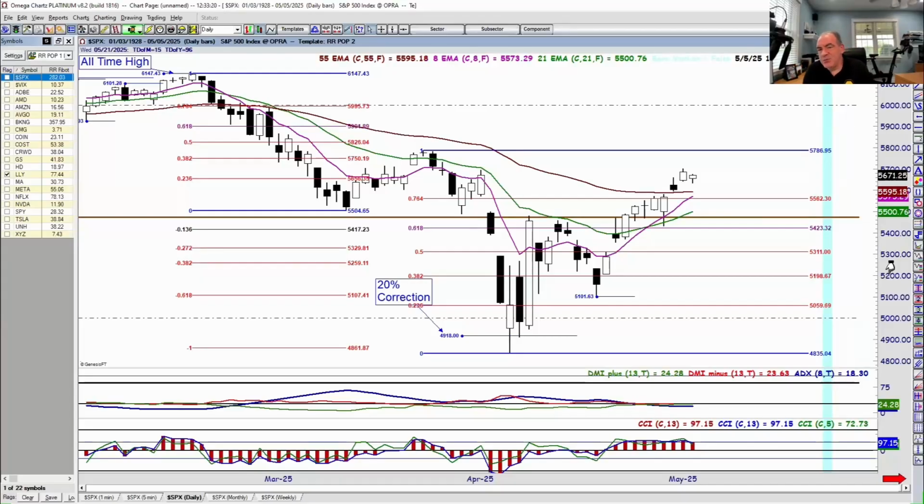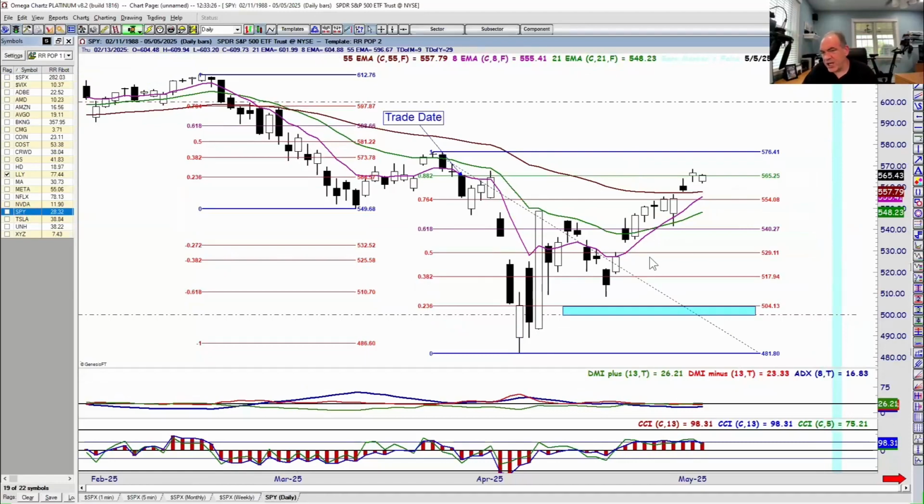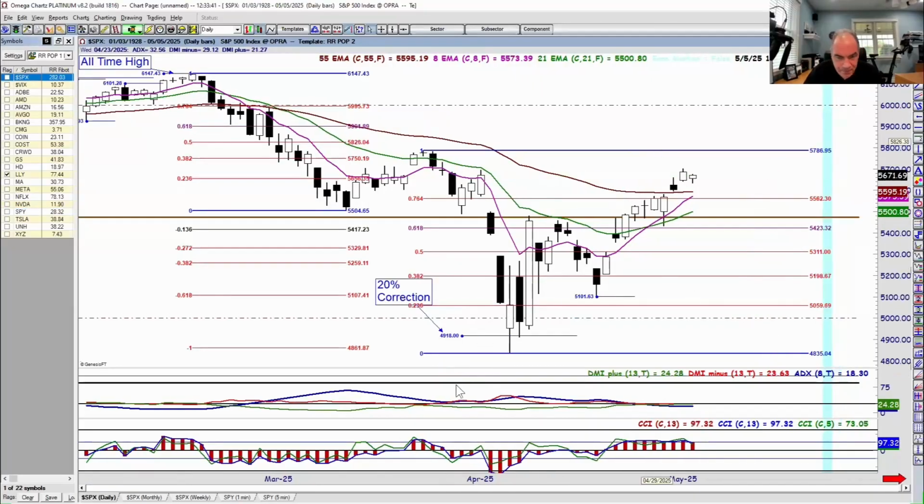In other words, unless I'm using the 882, we'll go back to SPY on this one for a moment. If I wanted to trade SPY, unless I'm using the 882, I ain't got a fib anywhere near it. So for me, there's no reason to take a trade on this one because there's nothing anywhere near that key level. But on the S&P 500, I've got an overall bullish move with a little bit of a pullback.